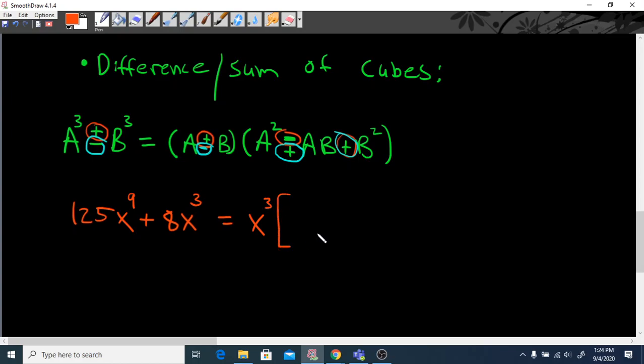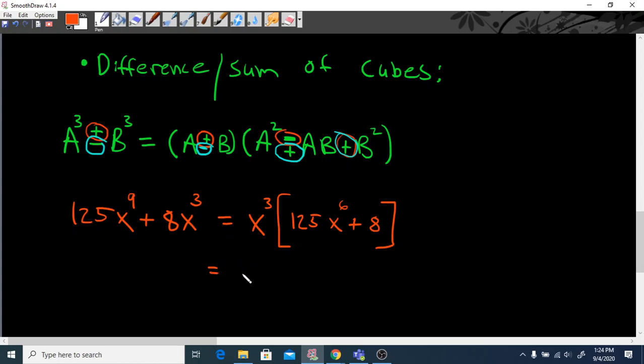Always do GCF first. That's going to leave 125 x to the power 6 plus 8 with no x's. Now we recognize that this is the sum of two cubes. 2 cubed is 8, 5 cubed is 125, and x squared, if you cube that, you get x to the 6. There's a plus here, so there's going to be a plus here and a minus here, okay?